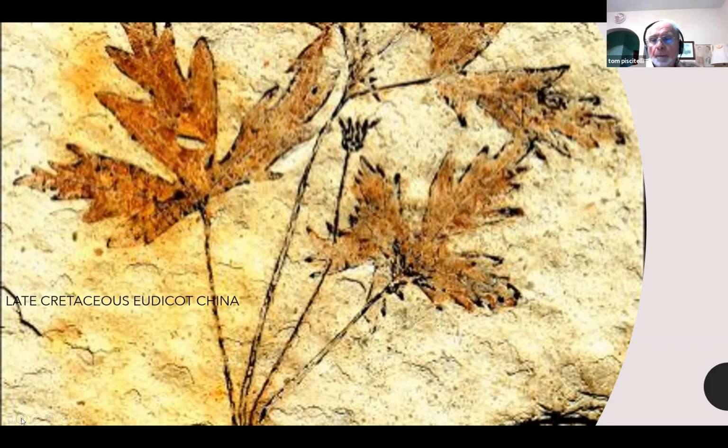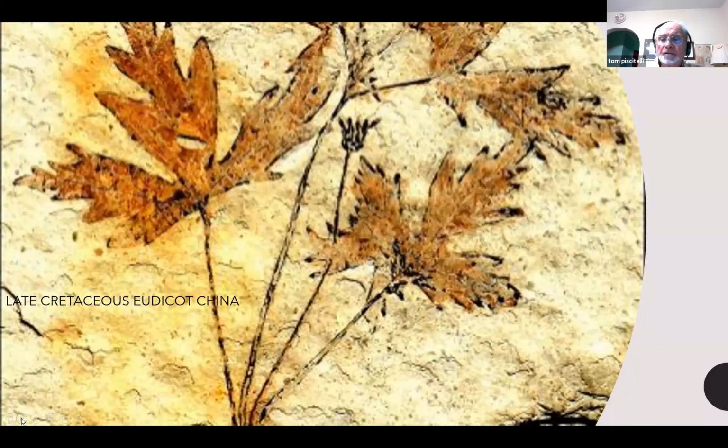One of the angiosperm's three major divisions, eudicots, make up 75% of flowering plants. Flowers contain both male pollen-bearing stamens and female carpels. Flowers are the reproductive organs of these plants. Charles Darwin called the sudden appearance of flowering plants the abominable mystery.